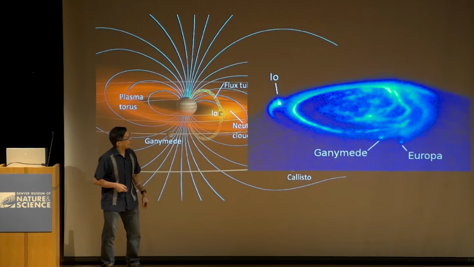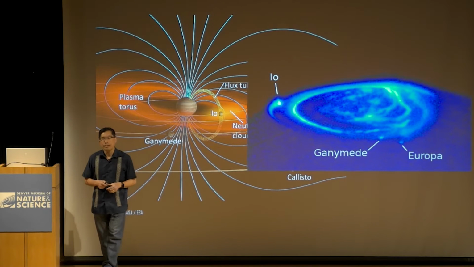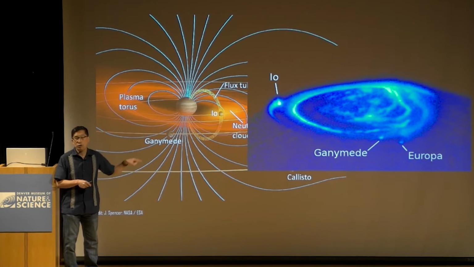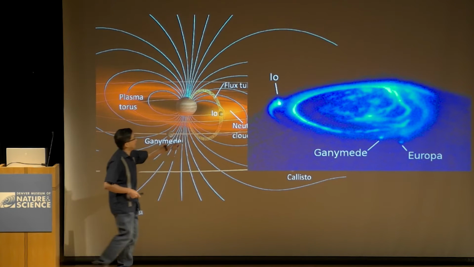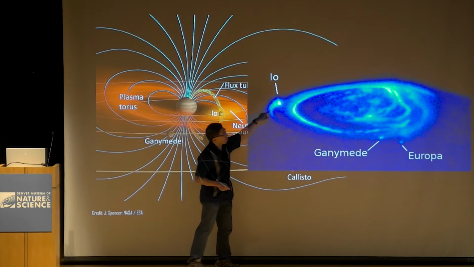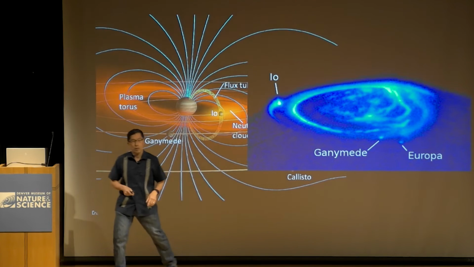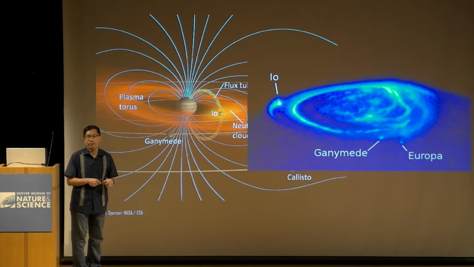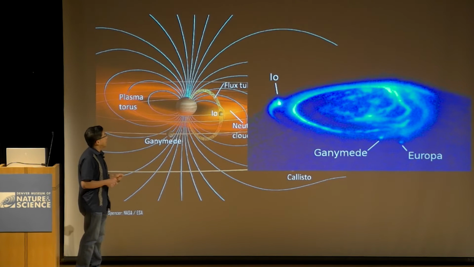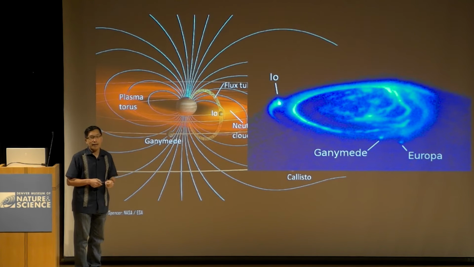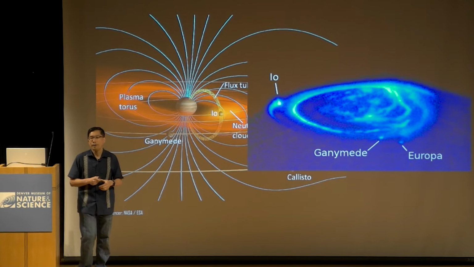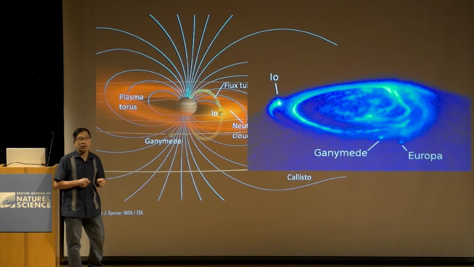And there are similar spots from Ganymede and Europa as well. And we can actually follow these as these moons orbit around Jupiter. So these spots actually move as they orbit because those spots correspond to the location of each of those moons.